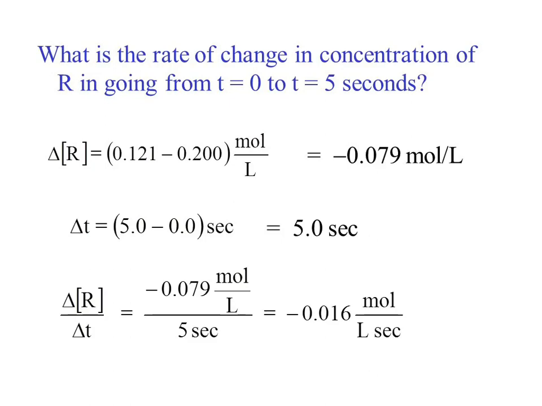So the rate of change of that reactant is negative 0.079 moles per liter divided by 5 seconds. I guess this should have said 5.0 seconds. Rounded to two significant figures, it's negative 0.016 moles per liter second. Your reactants are always going to be negative, the change in concentration of your reactants.